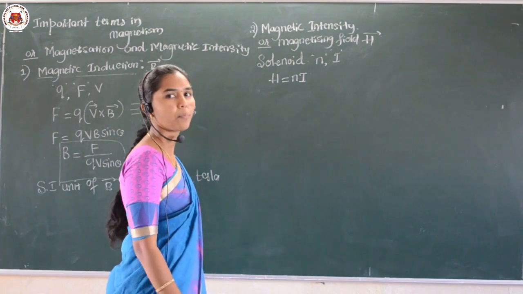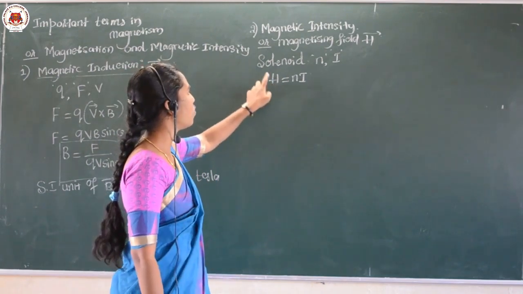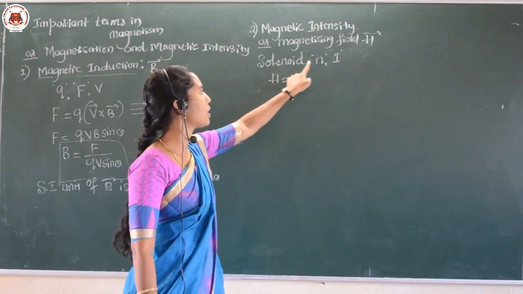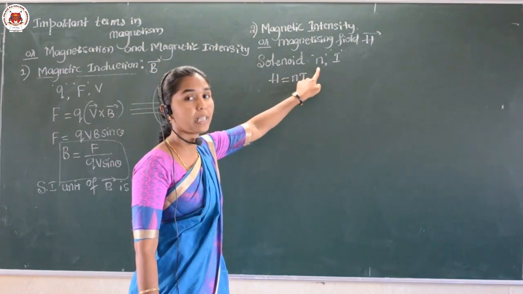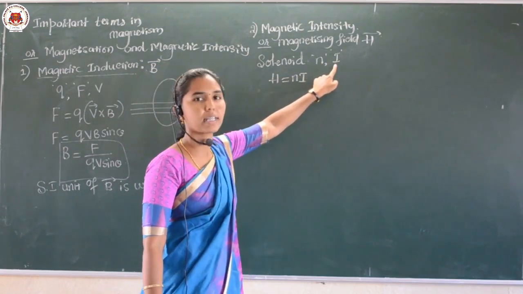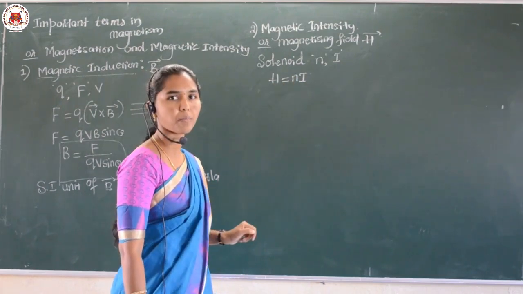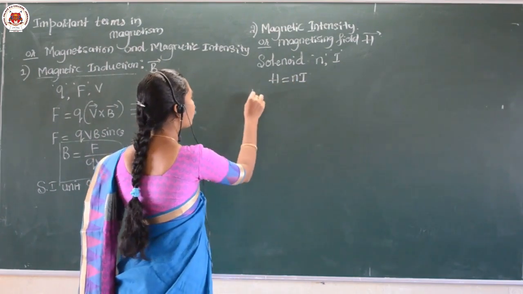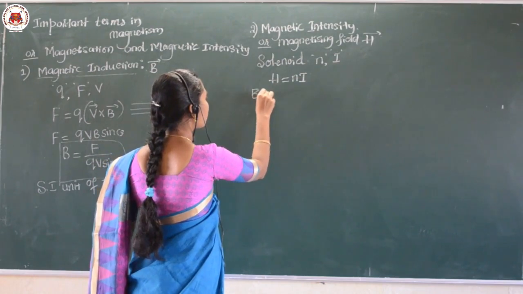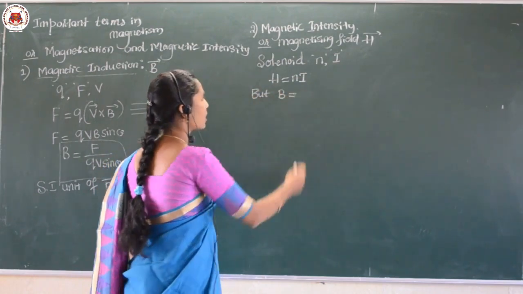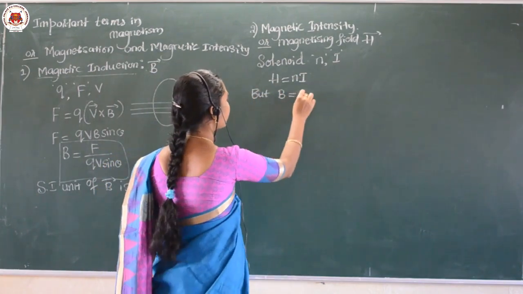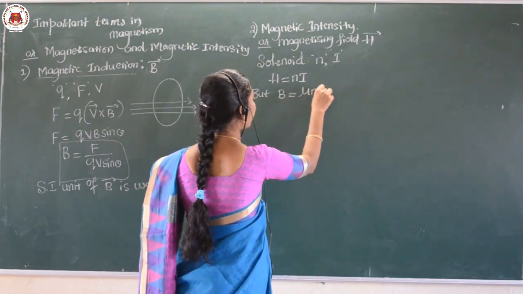For the solenoid, we also know that the magnetic induction B is mu into nI.